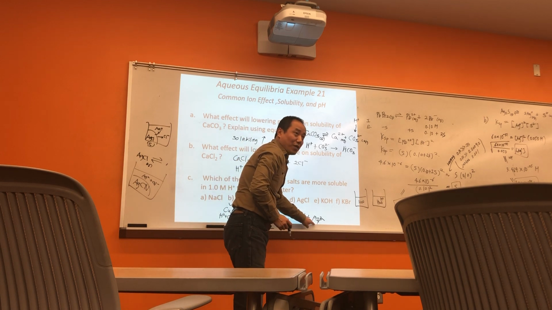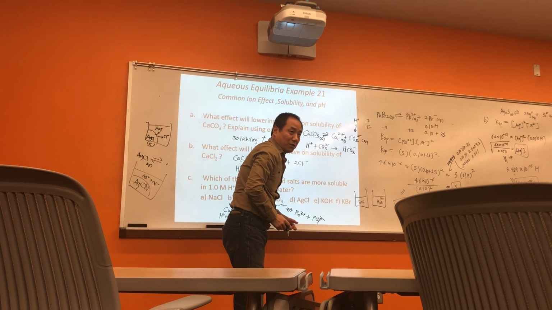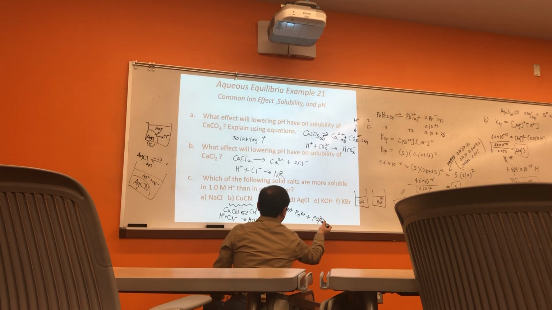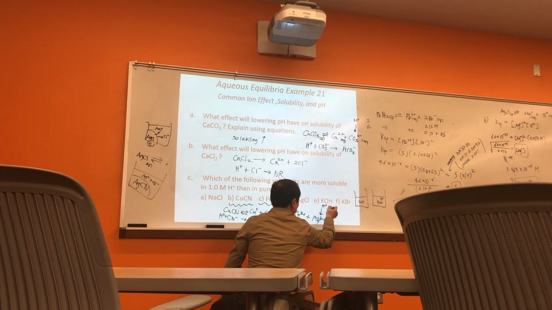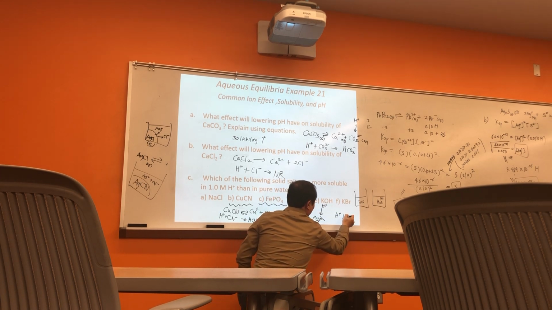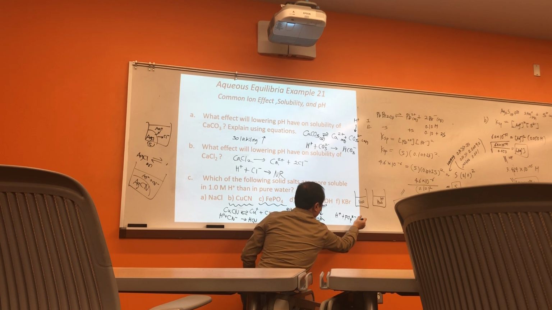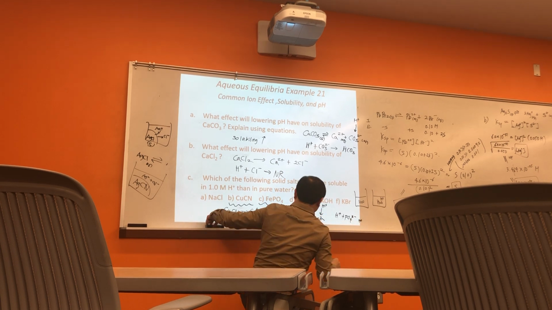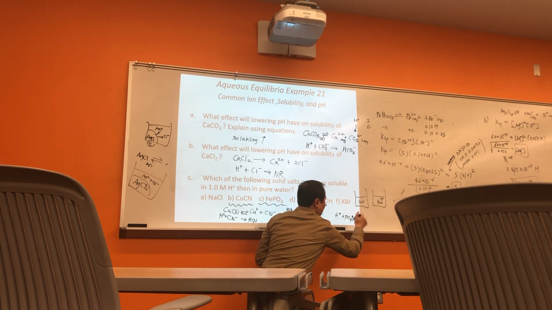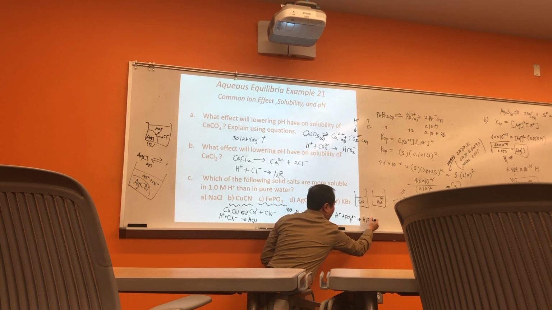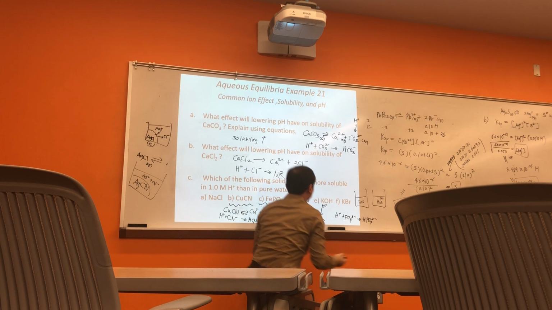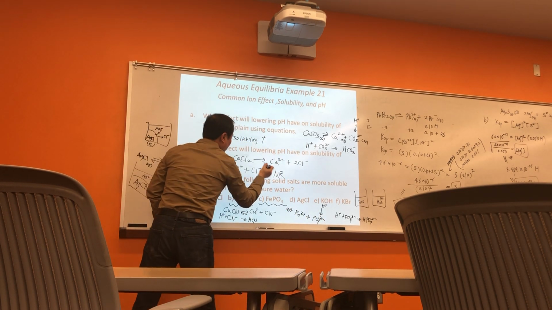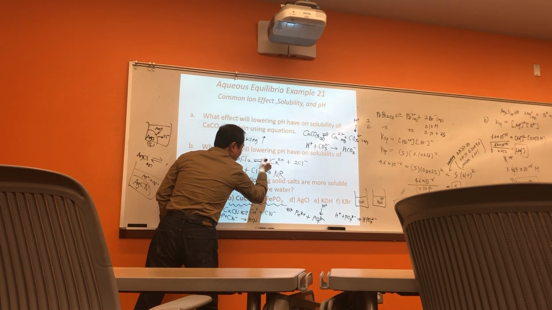Phosphate is the conjugate base of an acid. So if you add hydrogen, this will react. Similar. In that sense, I'm going to use a double arrow here as well.